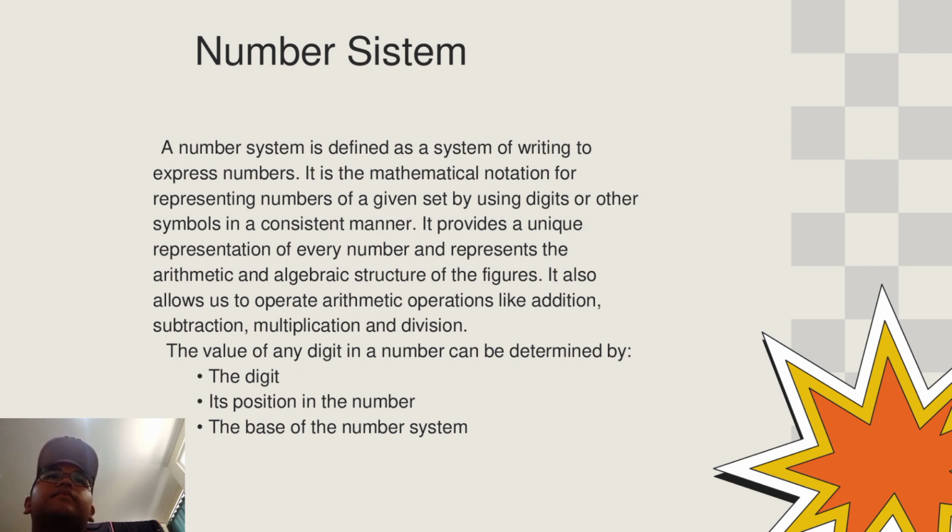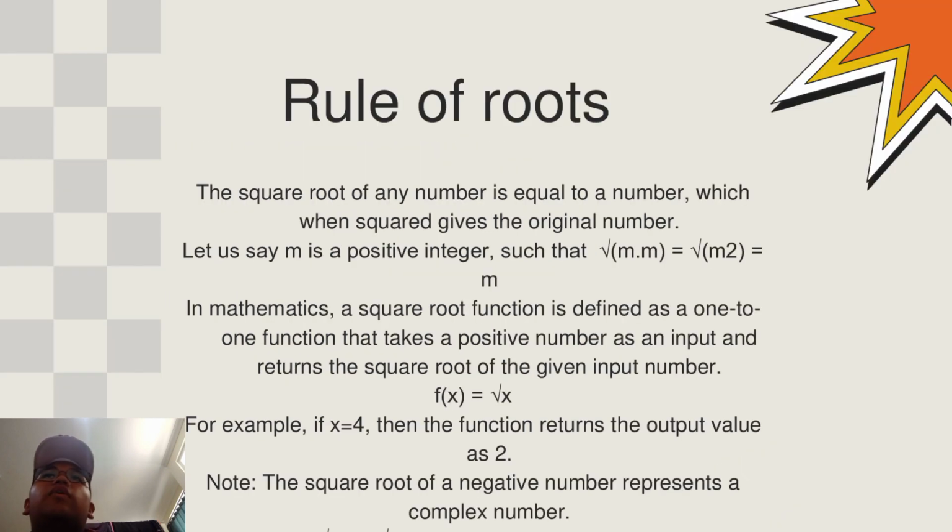Next, rule of roots. The square root of any number is equal to a number which when squared gives the original number. Let us say m is a positive integer such that the square root of m squared is m.